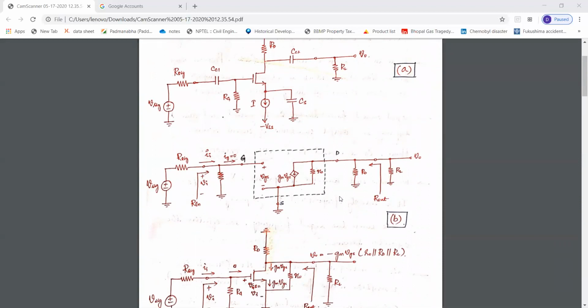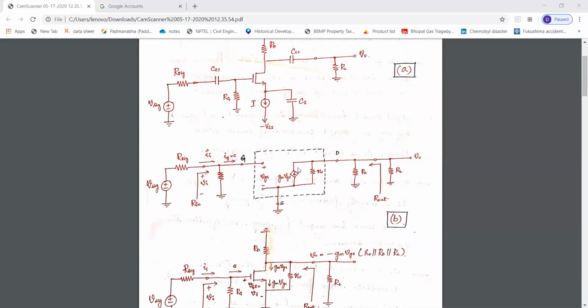So here we have the current, that is Gm into Vgs, and here we have the resistances that are connected in parallel, that is R0, Rd and RL. The parallel combination of R0, Rd and RL will form one resistor, isn't it? So output voltage is equal to Gm into Vgs into the parallel combination of these three resistances.